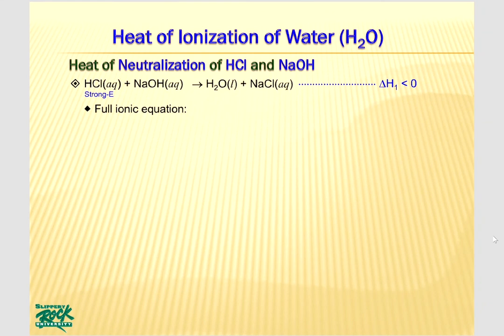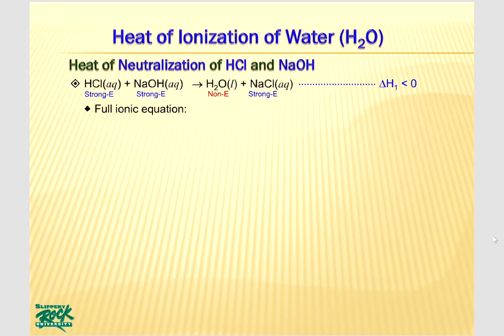HCl is a strong electrolyte because it's a strong acid. NaOH is a strong electrolyte because it's a strong base. H2O is a non-electrolyte. NaCl is a strong electrolyte because it's a soluble ionic compound.